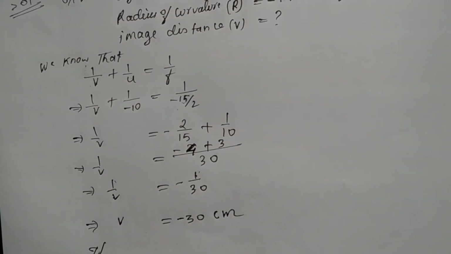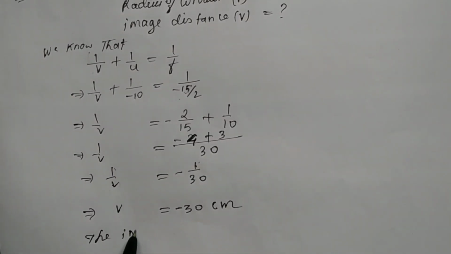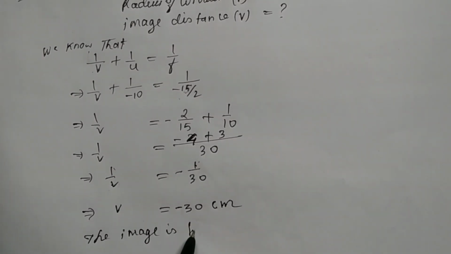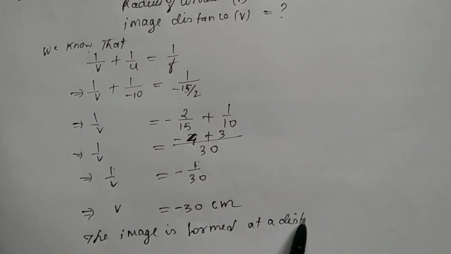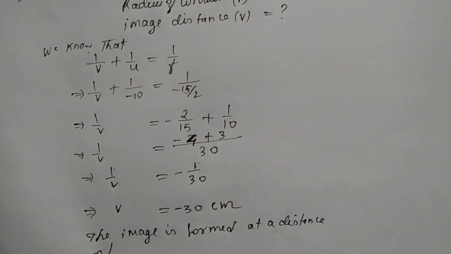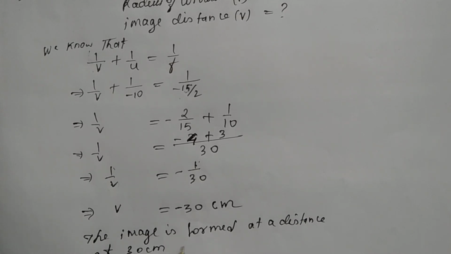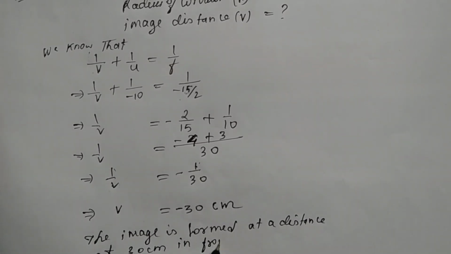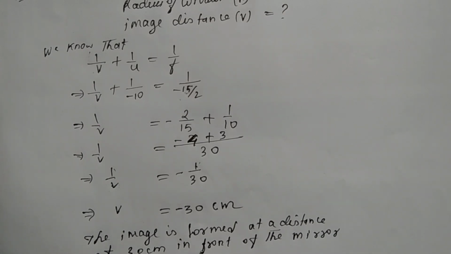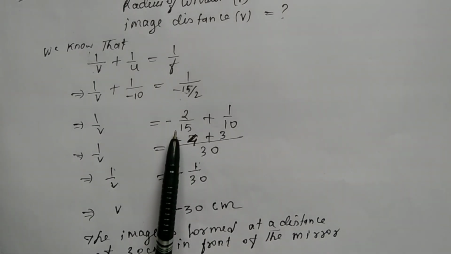So here we can write now, the image is formed at a distance of 30 centimeter in front of the mirror, or we can write as the same side of the object. That means what? Object is also on the left hand side and image is also on the left hand side, right?